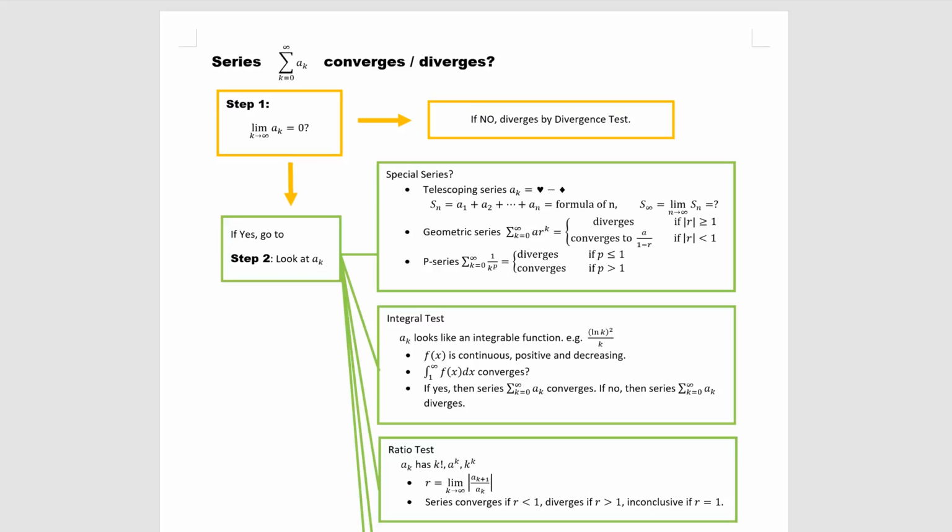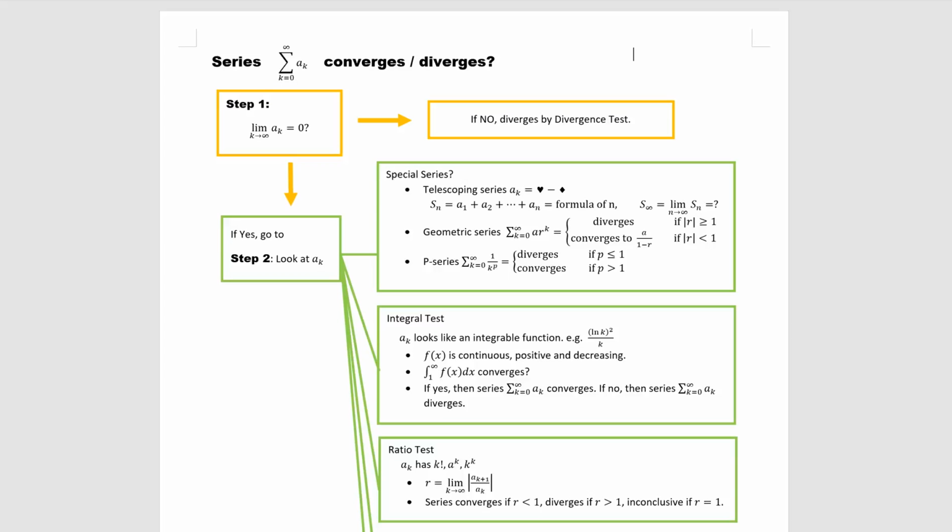What are the steps? Step 1, we compute the limit of the sequence. Does that equal 0? If no, then the series diverges by the divergence test. If yes, if the limit of the sequence equals 0, we go to step 2.